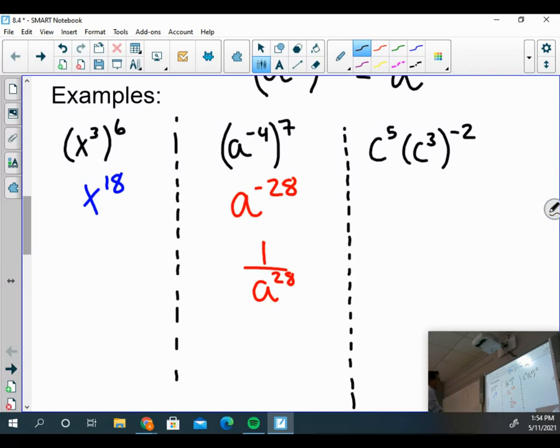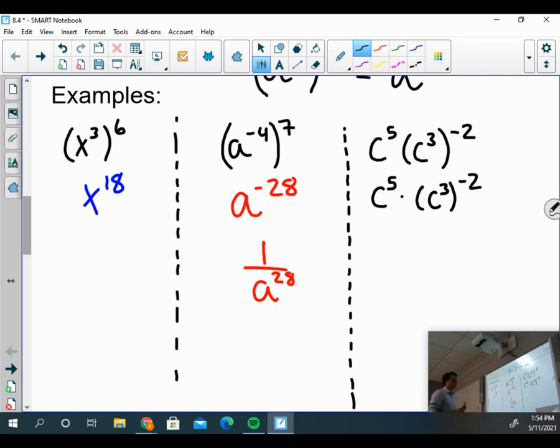Our final example, probably our most complex, and I think in order to get this one right, we need to understand what's happening. What we have here is c to the 5th being multiplied by c to the 3rd to the negative 2nd power. And at this point, as you get into more complex algebraic expressions involving exponents, you need to understand order of operations.